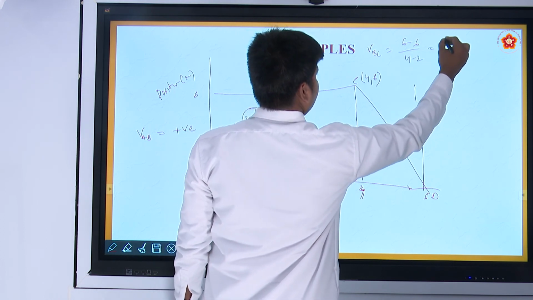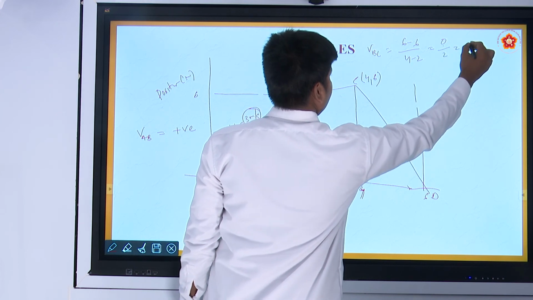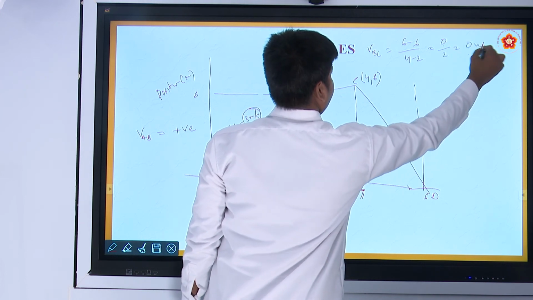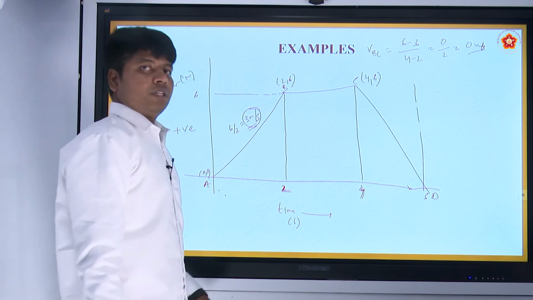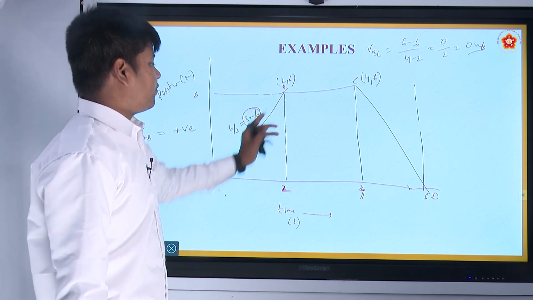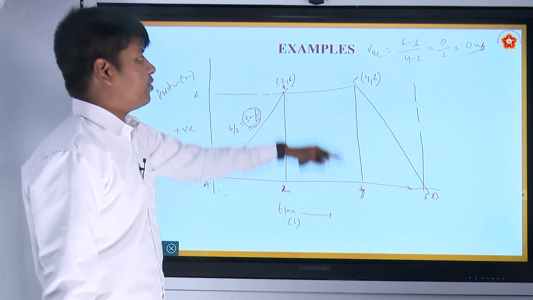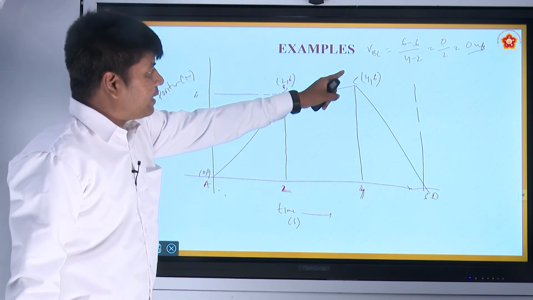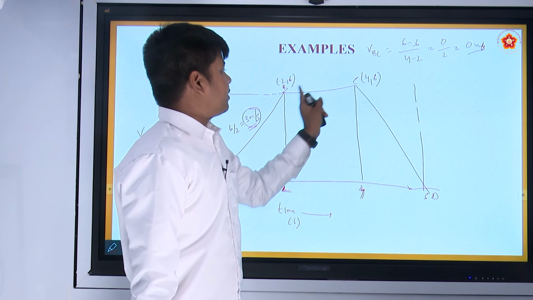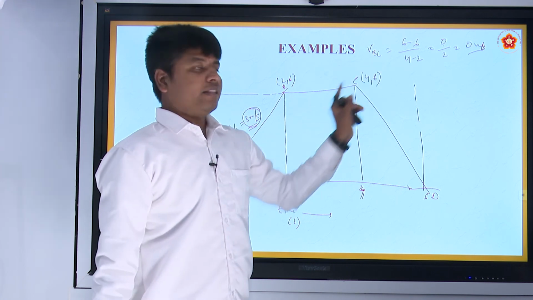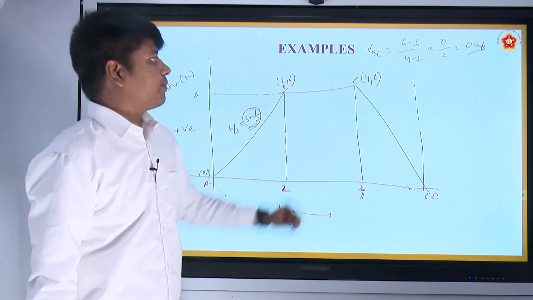This gives you 0 by 2, which is 0 meter per second. By seeing the graph, you can see it is not moving. As the time is increasing, the position is not changing. It is not moving up or down. So in the segment BC, the velocity is 0.